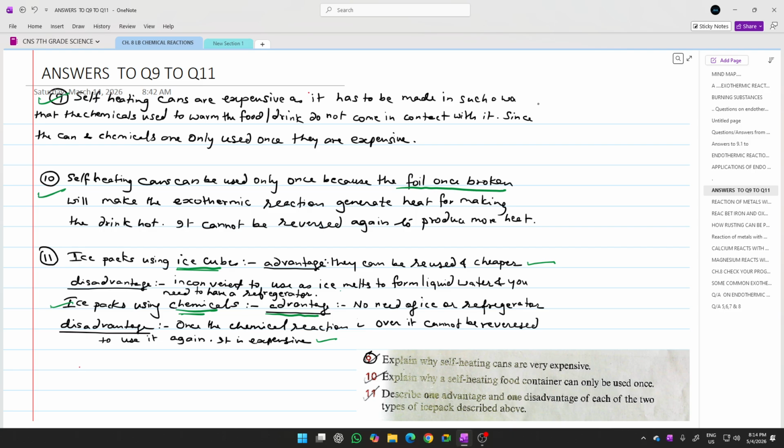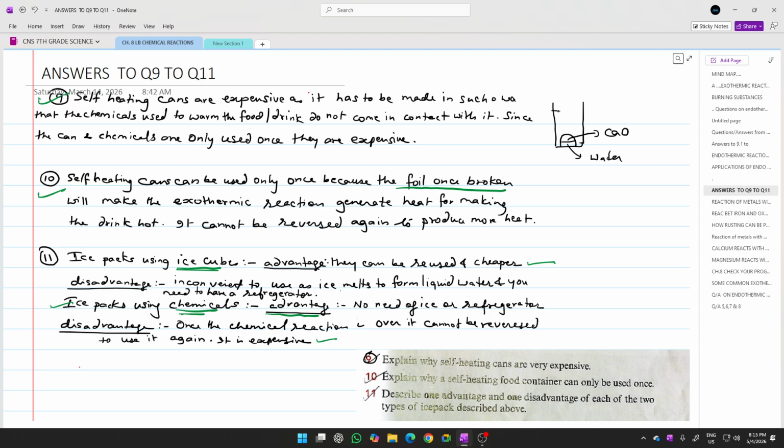Basically, at the bottom of the can, they make a special arrangement of a two compartment system, where in one compartment you have calcium oxide, and in the other you have water.